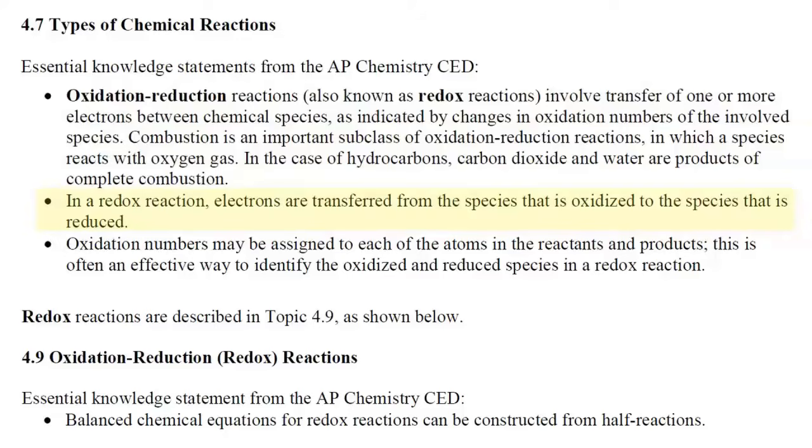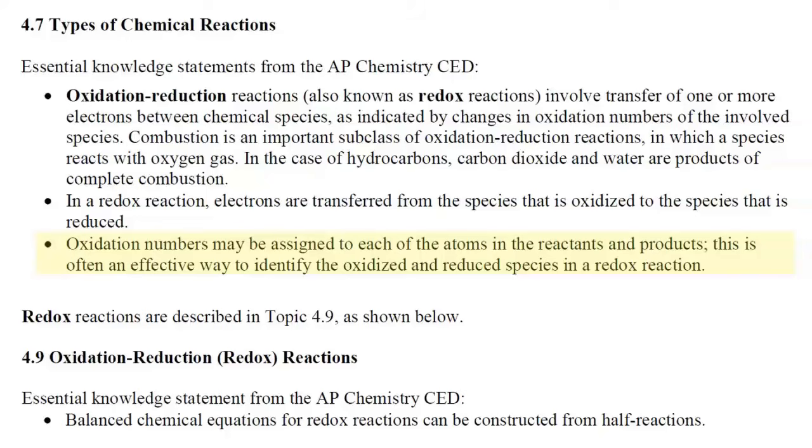In a redox reaction, electrons are transferred from the species that is oxidized to the species that is reduced. Oxidation numbers may be assigned to each of the atoms in the reactants and products. This is often an effective way to identify the oxidized and reduced species in a redox reaction.